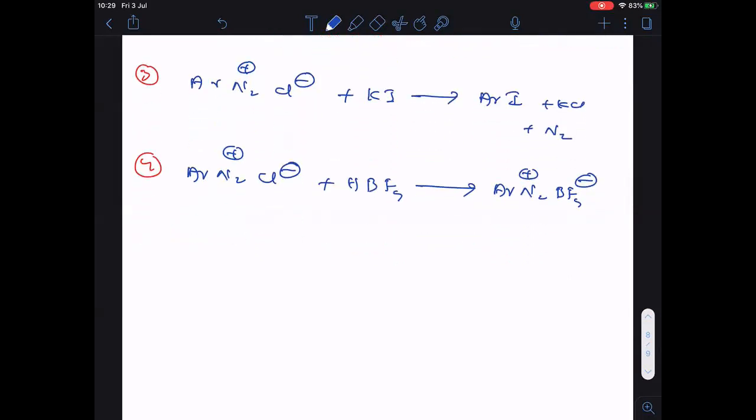Clear? Intermediate is formed here. This intermediate on heating gives fluorobenzene plus N2 plus boron trifluoride.